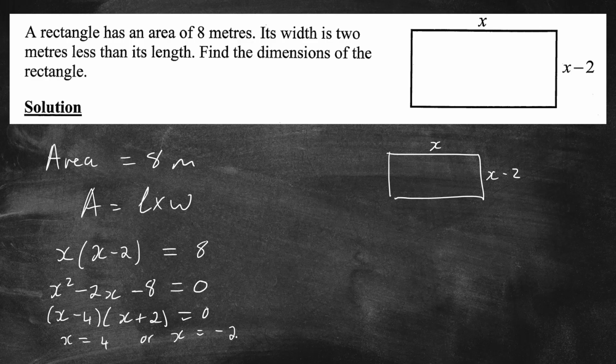Now you always have to check, does the answer make sense? Obviously we can't have a negative 2 length, but the final answer would therefore be where x is equal to 4. Now it says find the dimensions, which means we actually need to find length and width. So the length would be equal to 4 meters, and the width would be 4 minus 2, so that would be 2 meters. And then we're done.